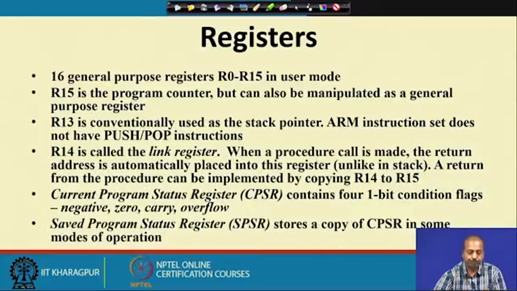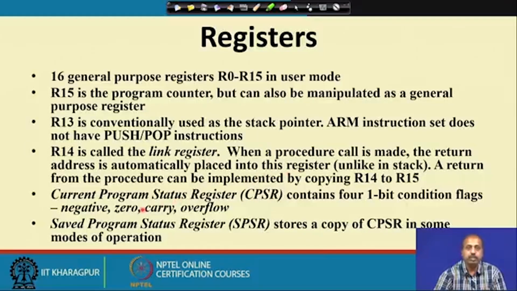Now, R14 is the link register. When a procedural call is made, the return address is saved in this R14 register, and return will be done by copying R14 to R15.